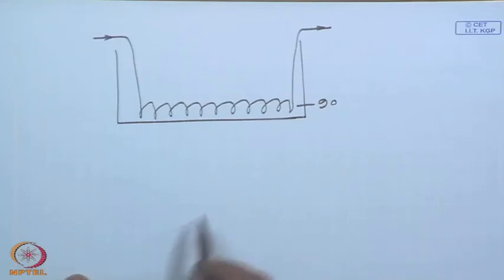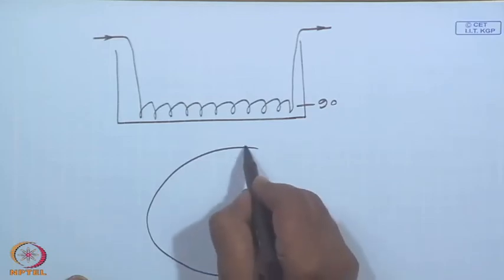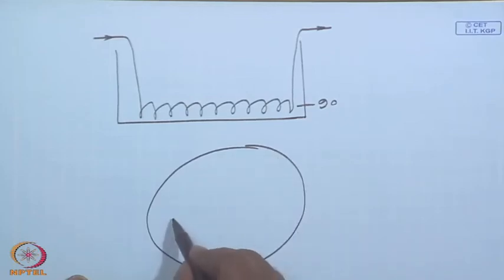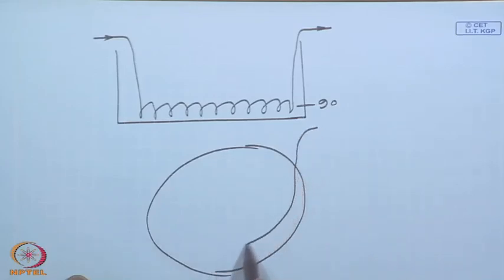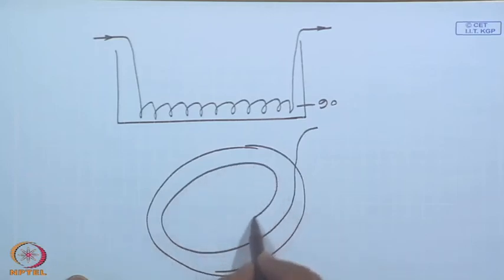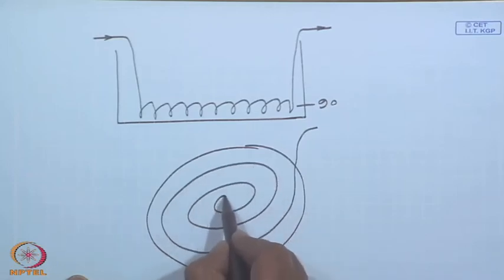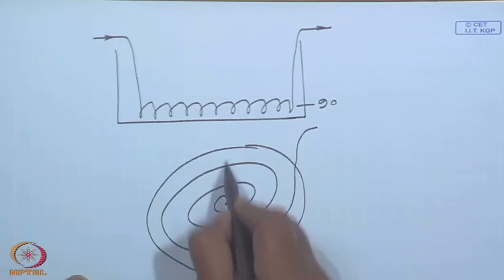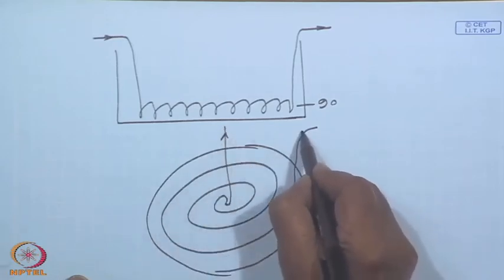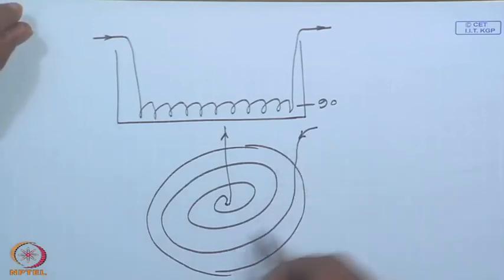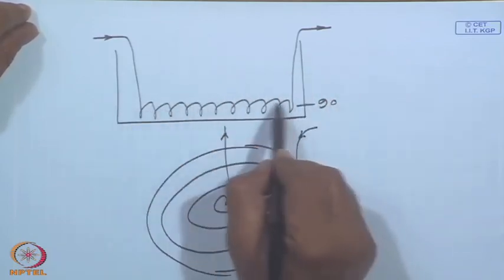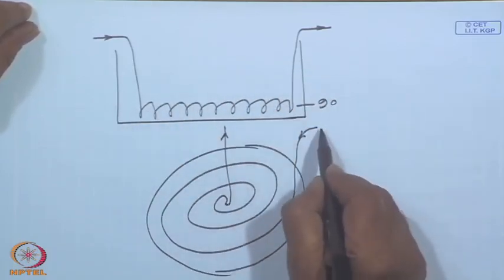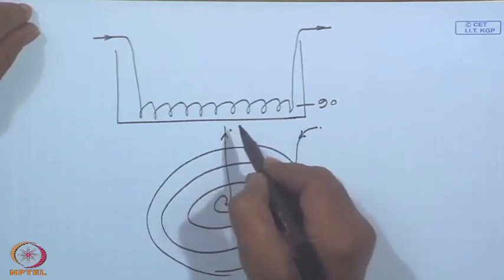Or if you look at from the top view, if I tentatively take it as a circular solar pond, I may have, so we can have a spiral type of heat exchanger like a jalebi, and at the bottom or at different levels, and put in the cold water and the hot water comes out.